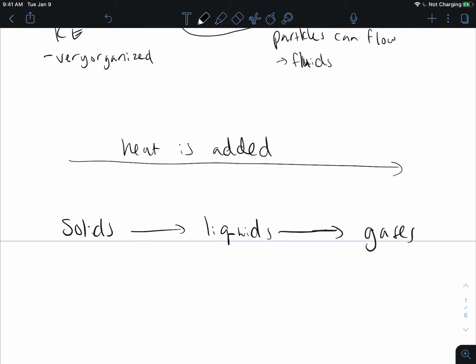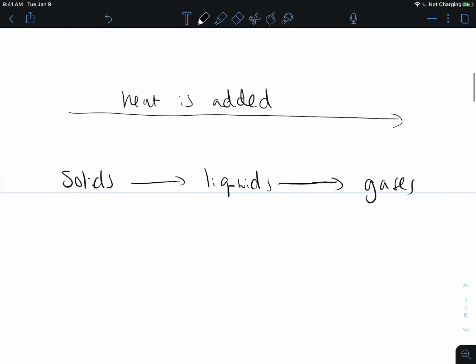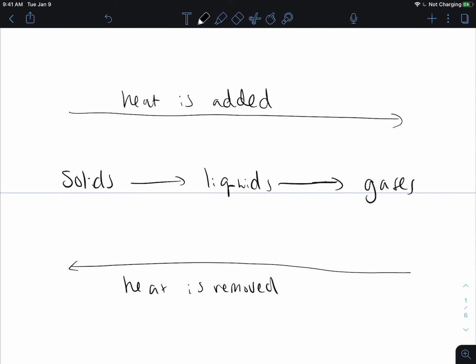Heat is added, increasing our kinetic energy, which allows us to move going from a solid to a liquid to a gas. In the opposite direction, if we're going from a gas to a liquid to a solid, heat is removed. So we could say going from a solid to a liquid, liquid to a gas is an endothermic process, while going from a gas to a liquid, liquid to a solid is an exothermic process.